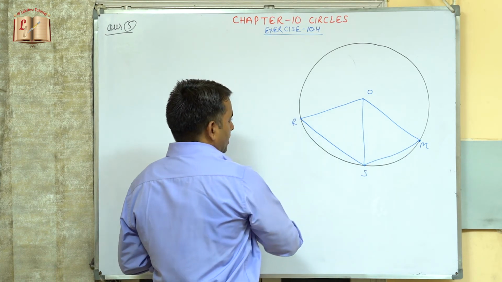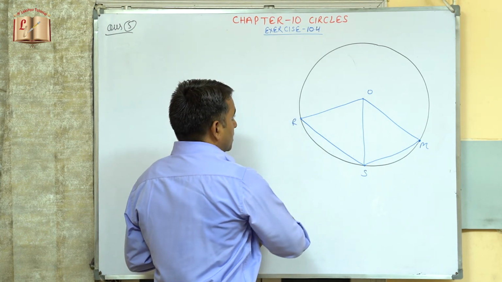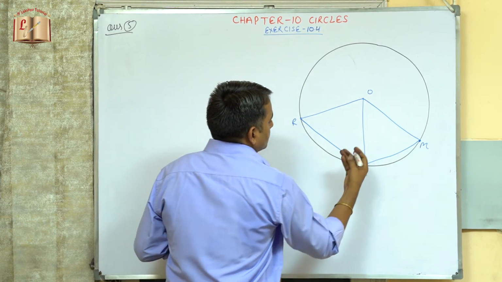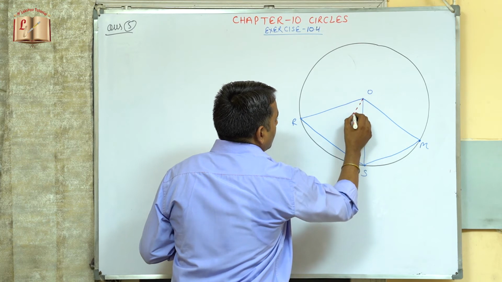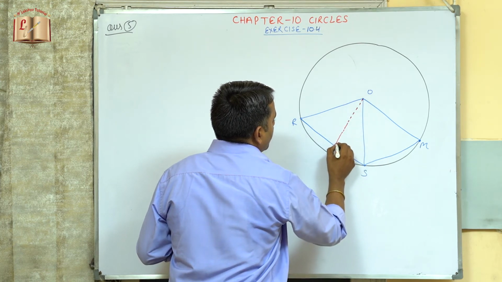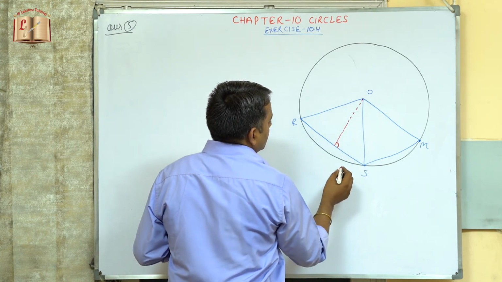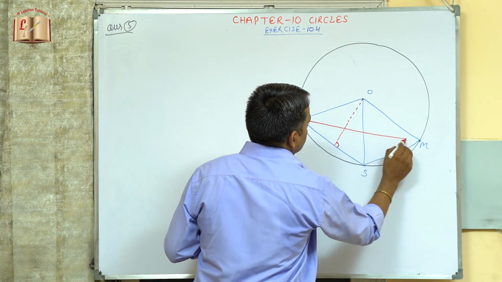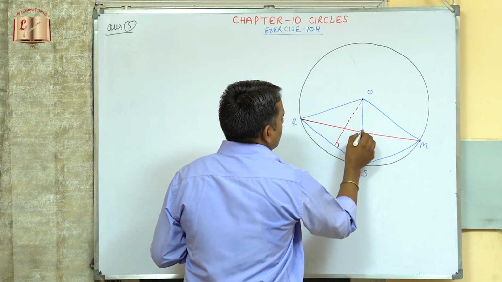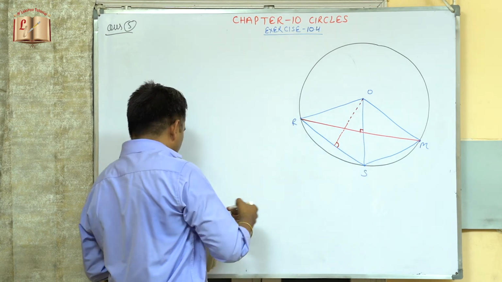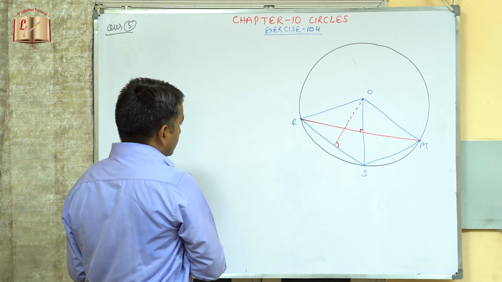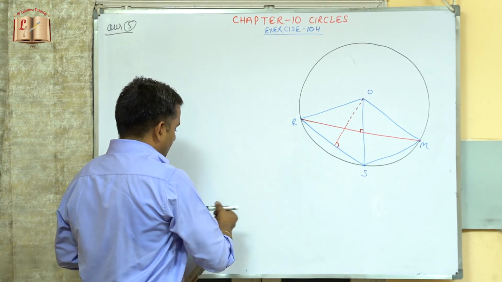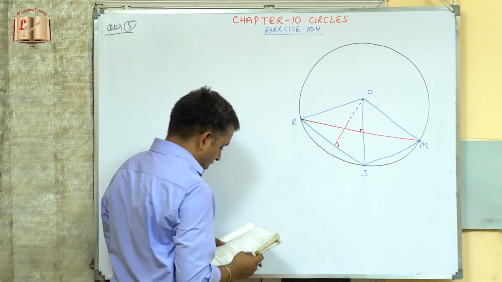Now first of all, we will draw a perpendicular to this side. So we will draw a perpendicular to this chord, which will be a perpendicular bisector to this, and again we need to find this distance. So this will again be a perpendicular to this. And this side is given as 6.